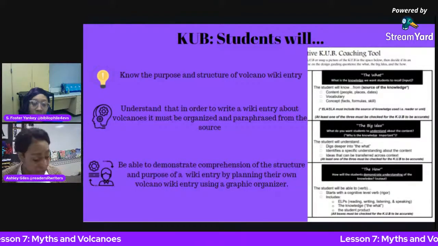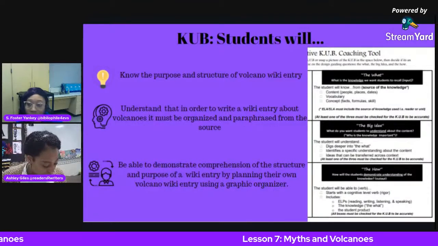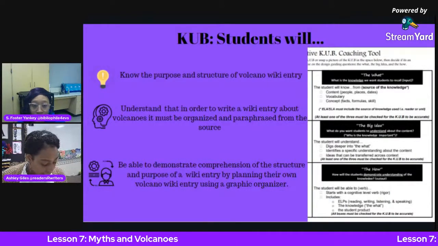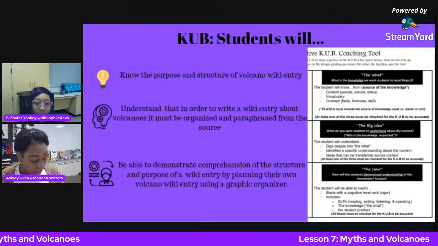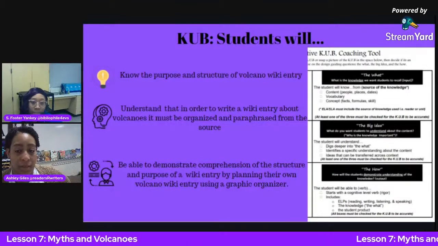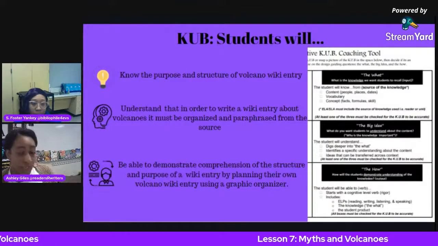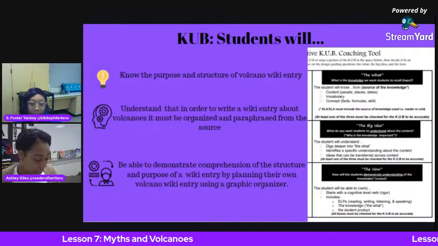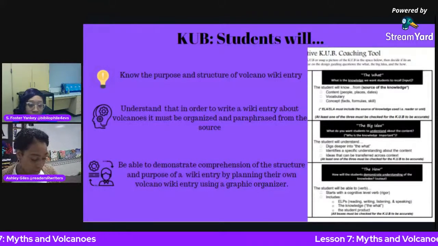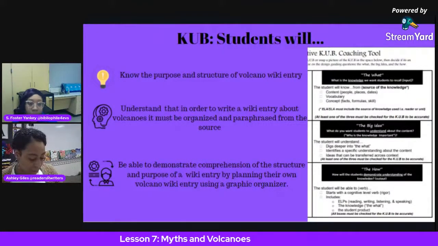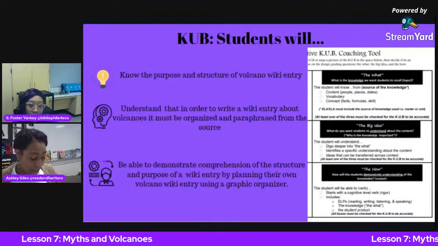Demonstrate comprehension. Let me show you where we could get that from. It says for reading, because see what they have to do, they have to understand that rubric and that checklist in order to even make the wiki entry. So under reading, that means you have to read that entry. Under reading, we have L4K that says demonstrate English comprehension by analytical skills such as evaluating, writing information, performing critical analysis.